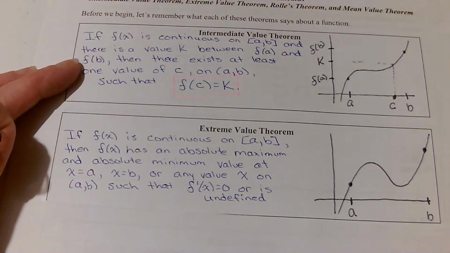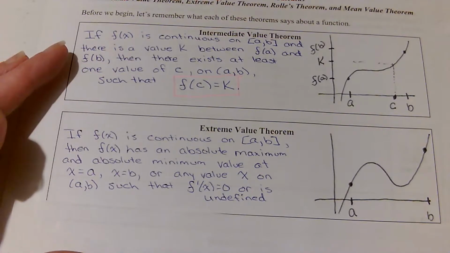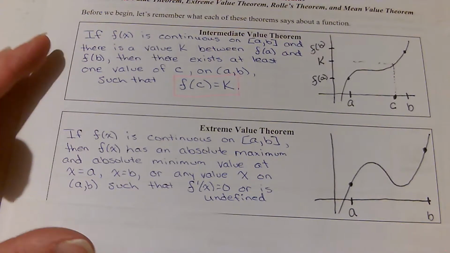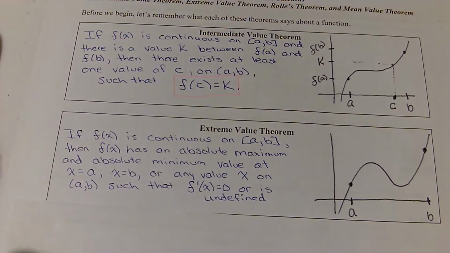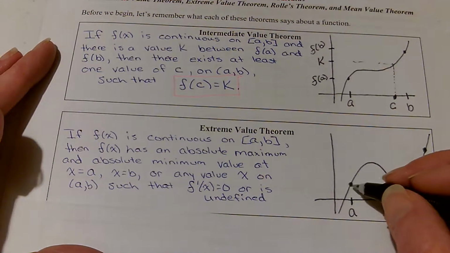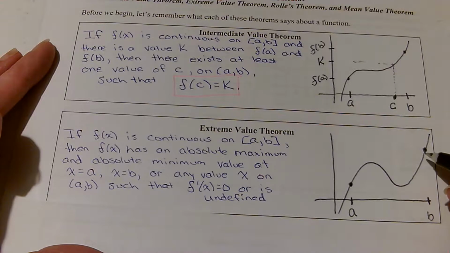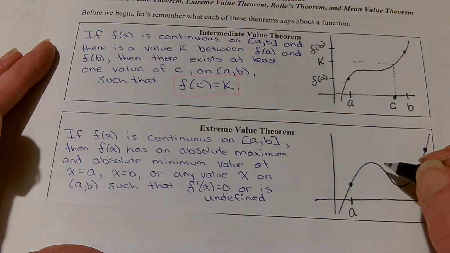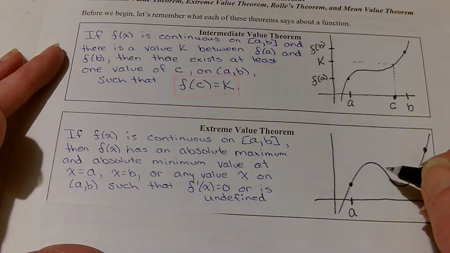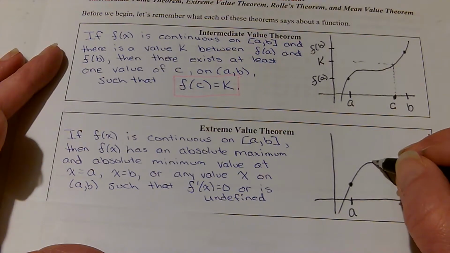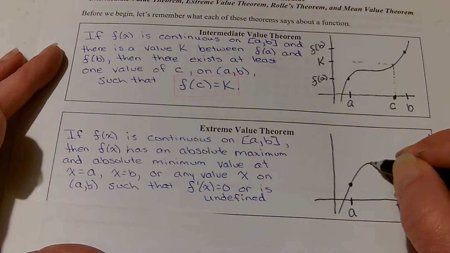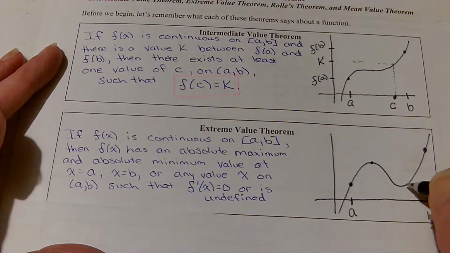What it's saying is that there is going to be an absolute minimum and an absolute maximum somewhere on the graph. And those somewheres could occur at either the first endpoint, the last endpoint, or anywhere where our derivative is 0 or undefined. So notice here we have a derivative of 0, horizontal tangent line, and here we do too.